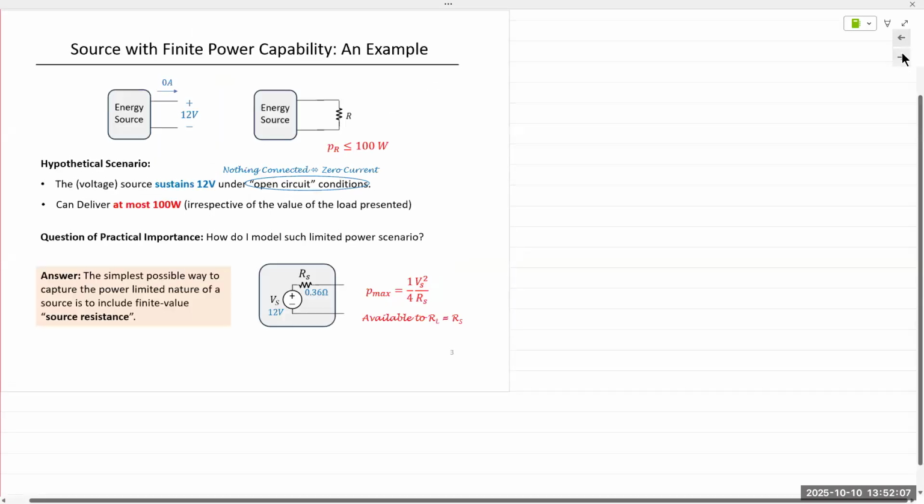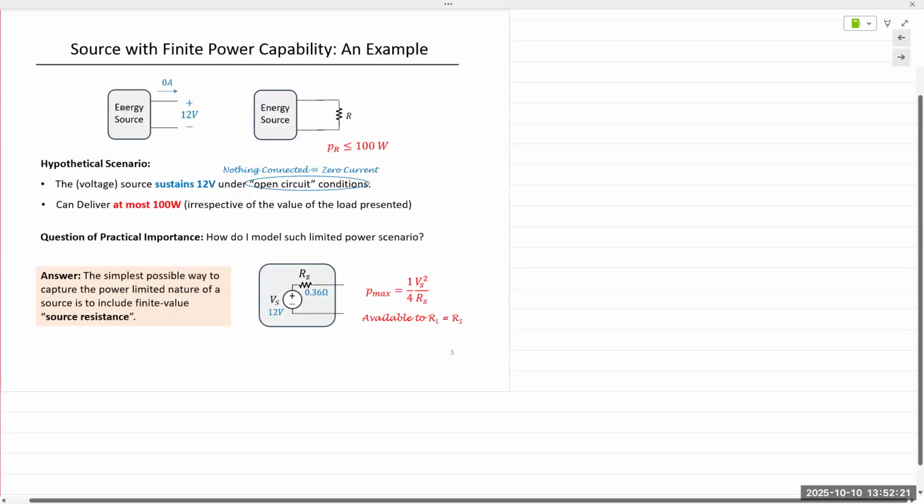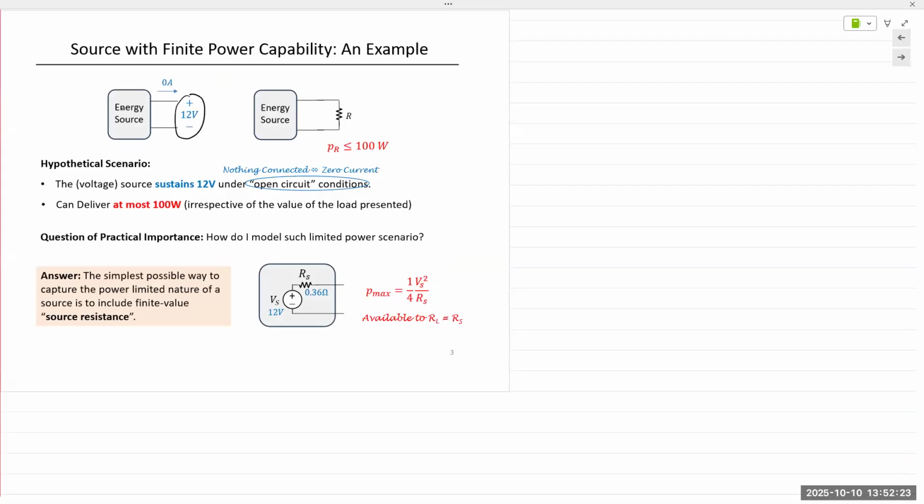All right. So how do we model these? Well, let's say we have an energy source that supplies voltage and current, and we measure the voltage at its terminals. The voltage at its terminals is 12 volts. When no load is connected to its terminals, the current that's pulled from the supply is 0 amps.